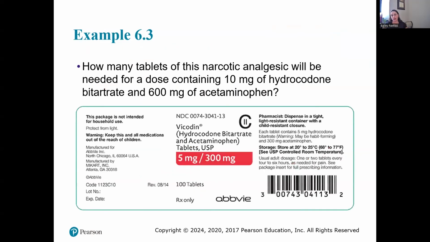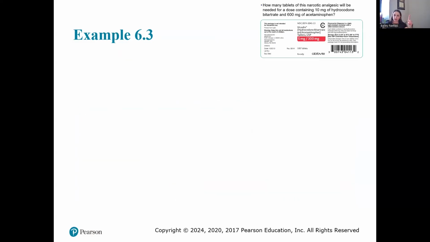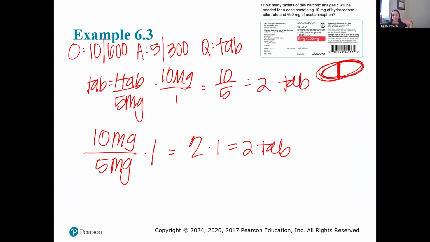Okay? All right. So a patient, how many tablets of this analgesic for a dose containing 10 milligrams per 60? All right. This one always throws everyone off. So I'm going to keep clicking through so you can see this right here. Number 1, I rewrite my question.